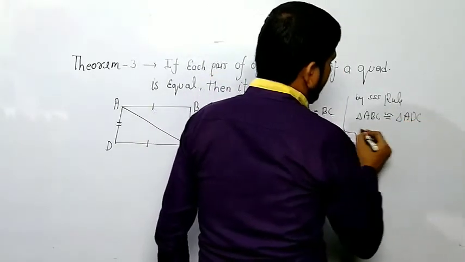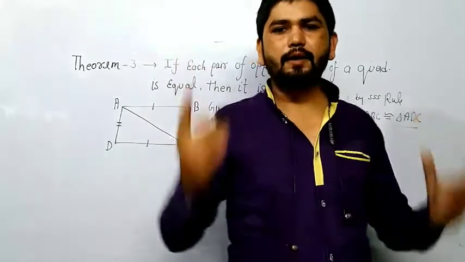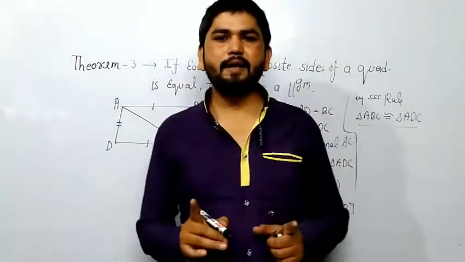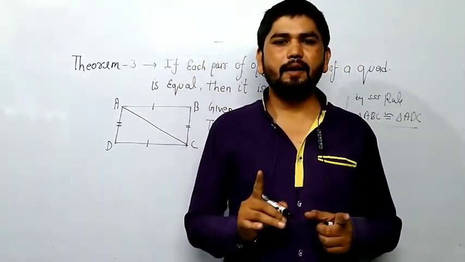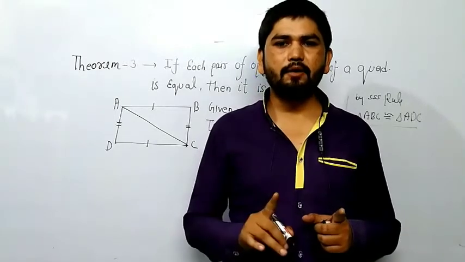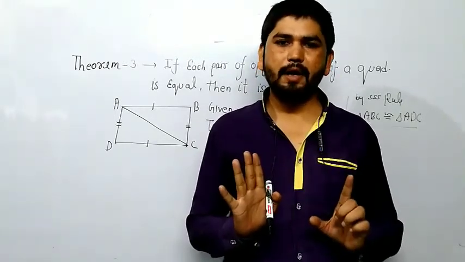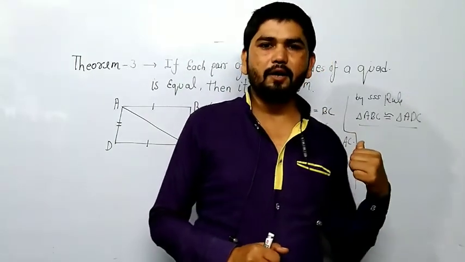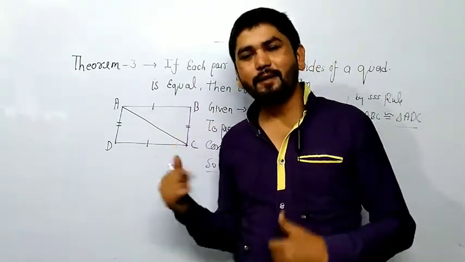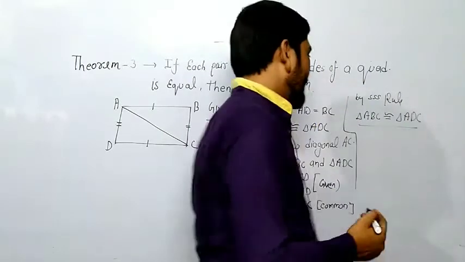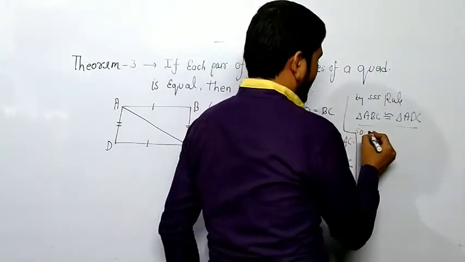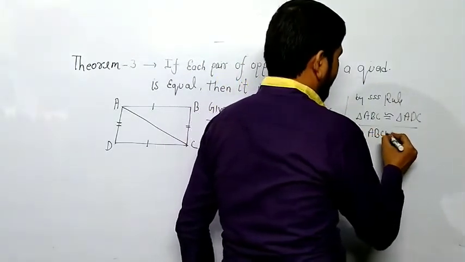And in theorem 1 we already studied a diagonal divides a parallelogram into two congruent triangles. Got it? So both the triangles are congruent, that's why it is a parallelogram. So we can write, ABCD is a parallelogram.